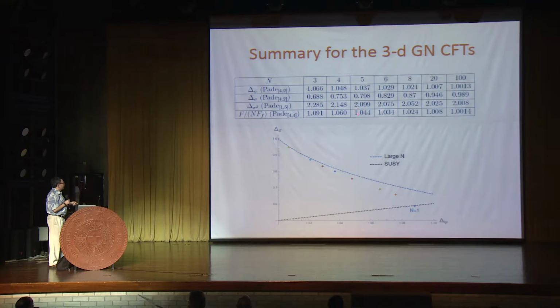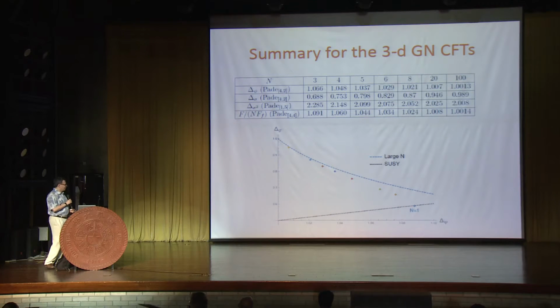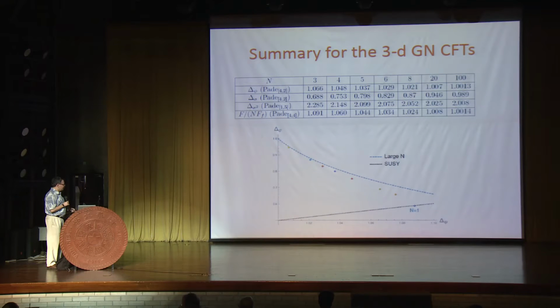All of these work pretty similarly, and the bare dimension of psi is of course 1, so you see the size of these anomalous dimensions. And you can also compute F over F of the free fermion theory. Here is a plot where we plot delta sigma versus delta psi. You see that as n increases, you approach the large n curve pretty nicely. There is a whole separate science of doing the 1 over n correction, so those are known too.